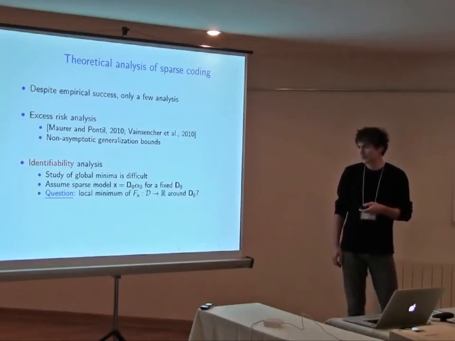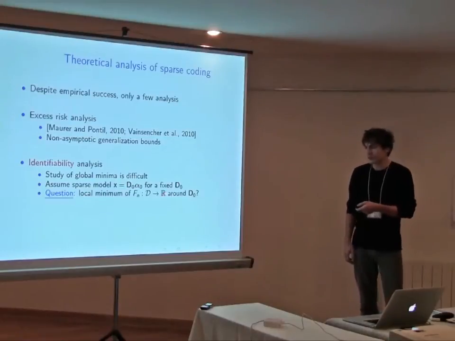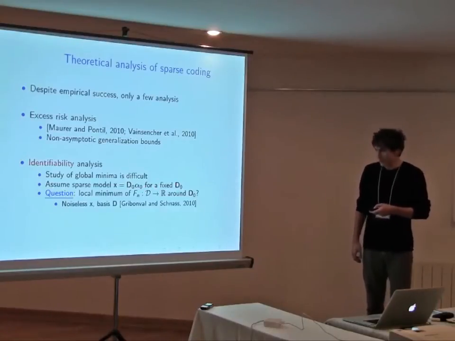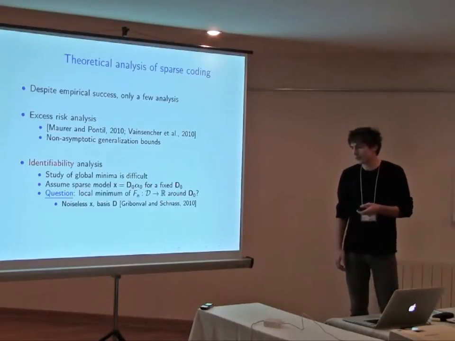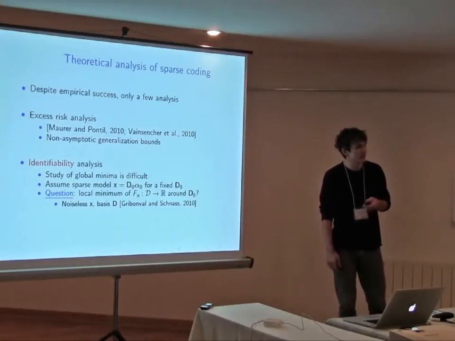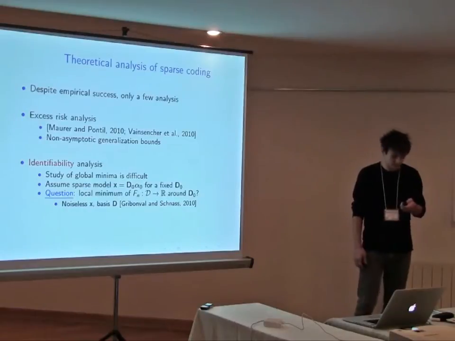The question that we ask is, does the function f of n have some local minima around this fixed dictionary? Valencinas has provided the first answer to this question in the case of noiseless signals and in the case where the dictionary is a basis.